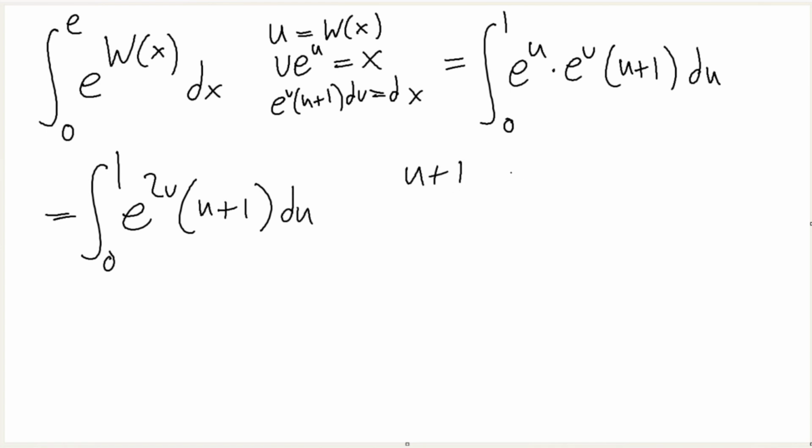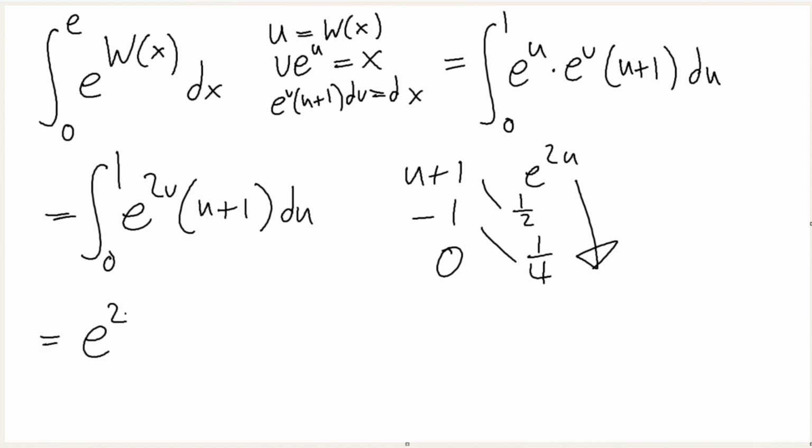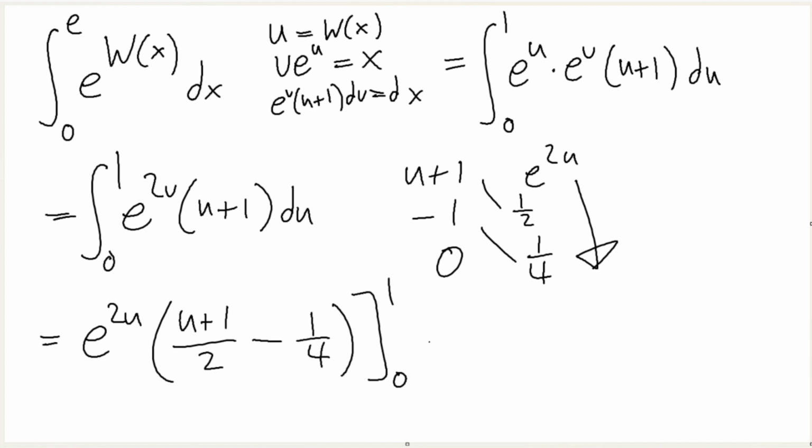u plus 1, e to the power of 2u, negative 1, 0. This keeps going, but we're integrating, so it's a half, 1/4. So e to the 2u, this is u plus 1 over 2 minus 1/4 from 0 to 1.